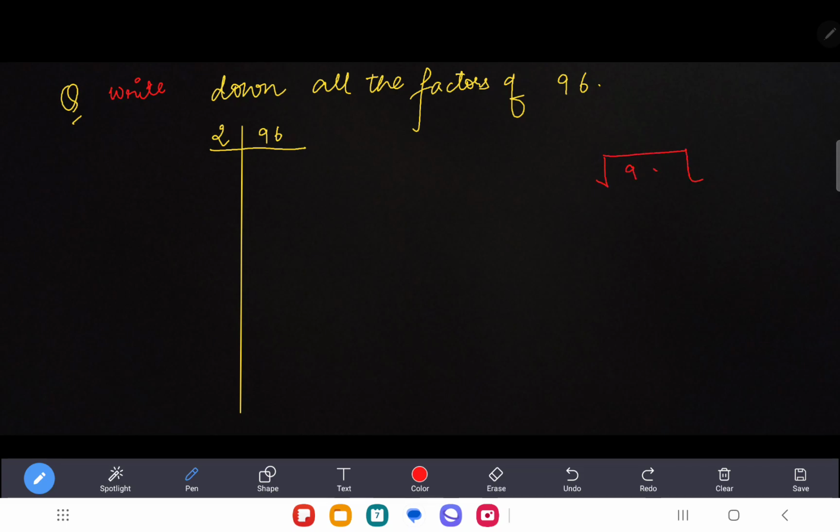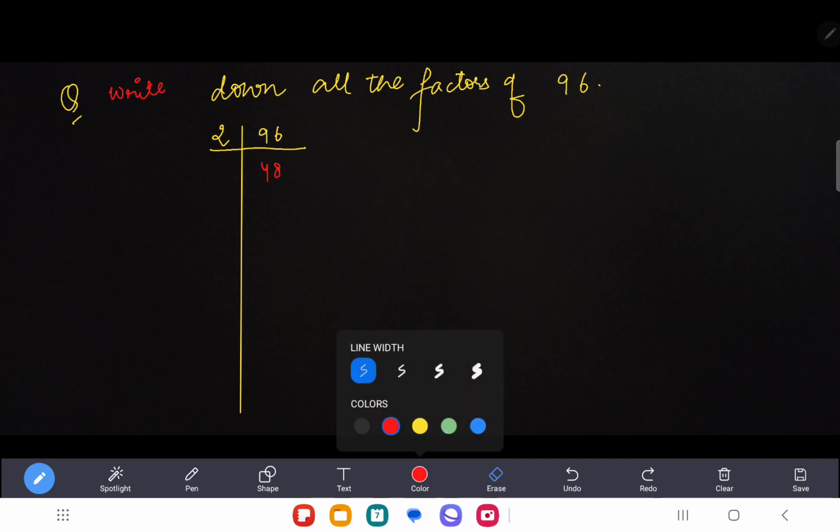If you can't think, then divide. 2 times 4, 8. Minus, you get 1. Bring down 6, 16 16, 48. Then think of a number that can divide 48. Smallest number, Adam.